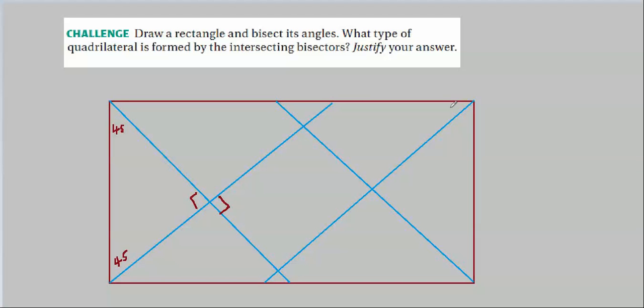Over here, same thing. This is 45. Well, maybe I should have done this one first. This is 45 here. And this is 45. So this is 90. And that means this is 90. Okay. But if this is 45, and this angle here, actually, we don't have to worry about these others.